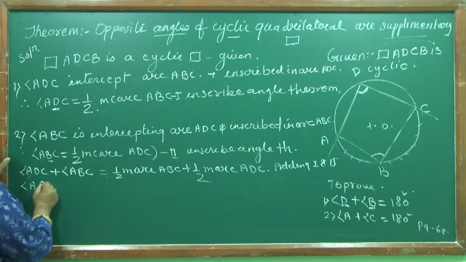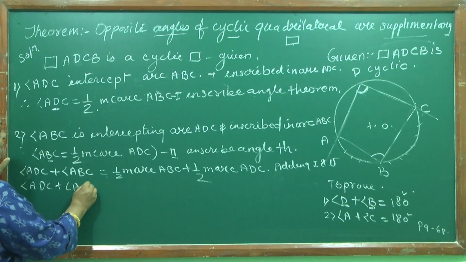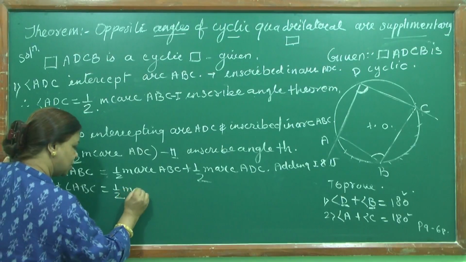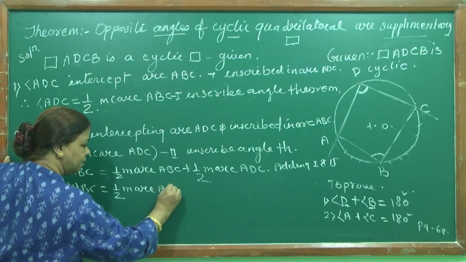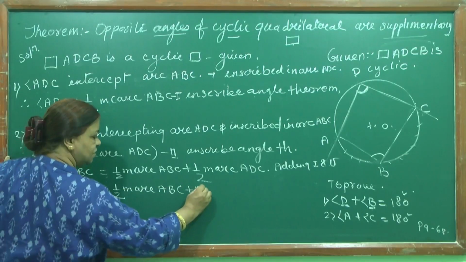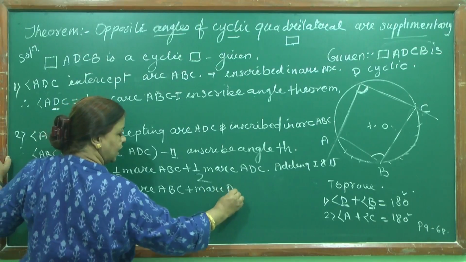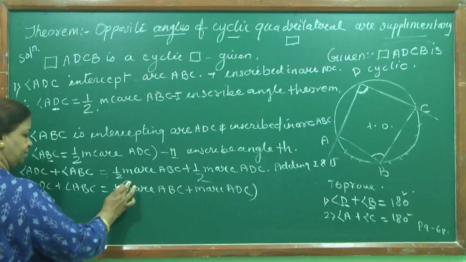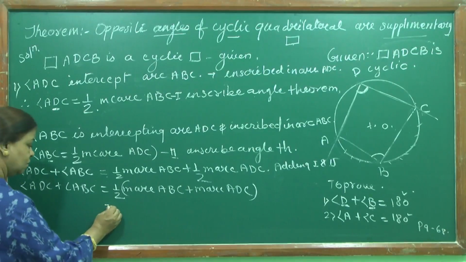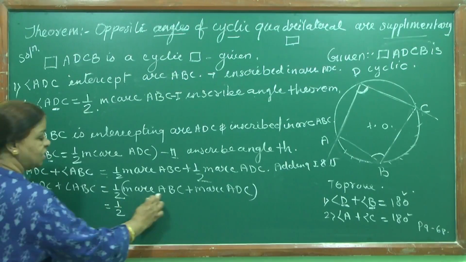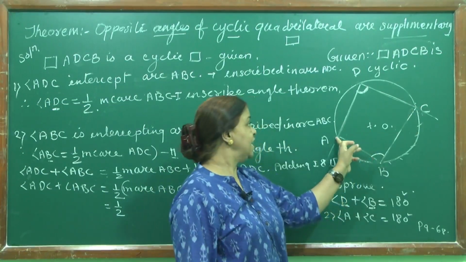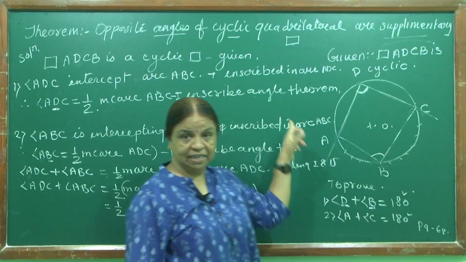So what I am getting? Angle ADC plus angle ABC equal to half, I will take common, measure arc ABC plus measure arc ADC. Half is taken common. Measure arc ABC plus measure arc ADC means it becomes a complete circle.